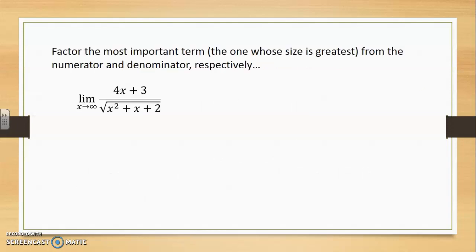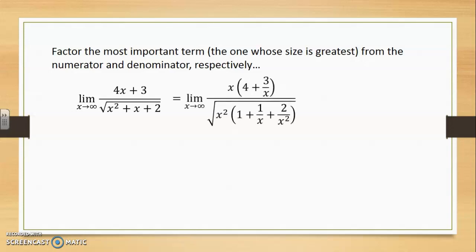As we did before, the strategy we'll apply will be to factor the most important term, those of biggest size, from the denominator and the numerator respectively. At the top, it's actually quite straightforward. X has the biggest power we see. We can factor it to leave 4 plus 3 over x.